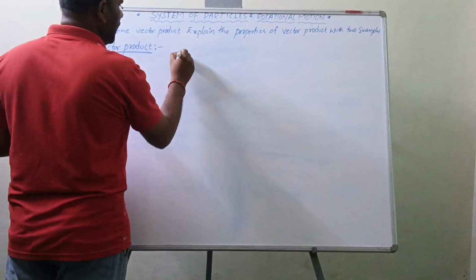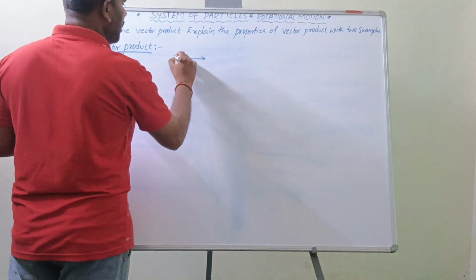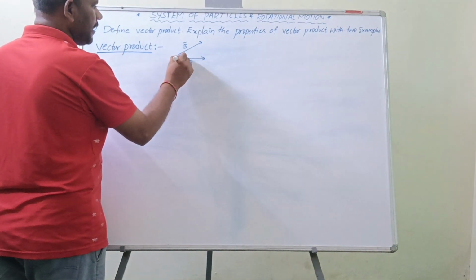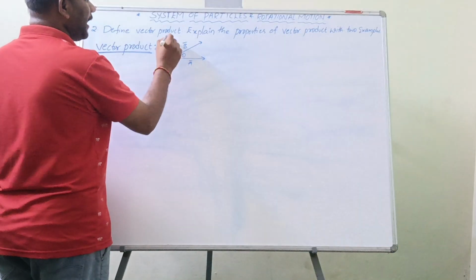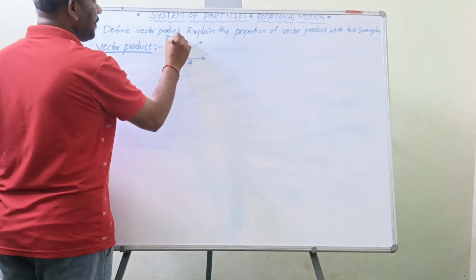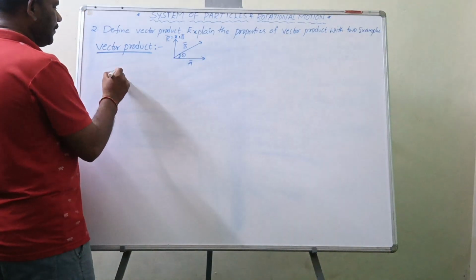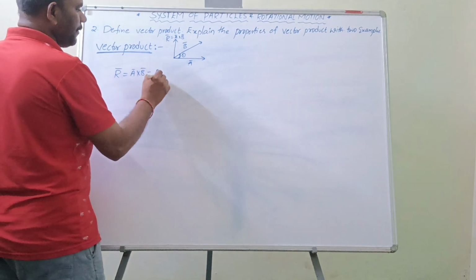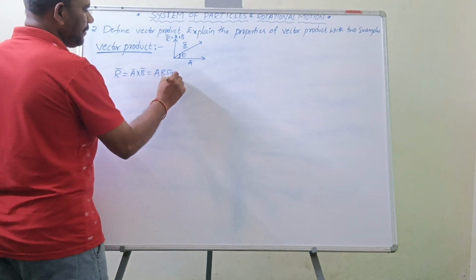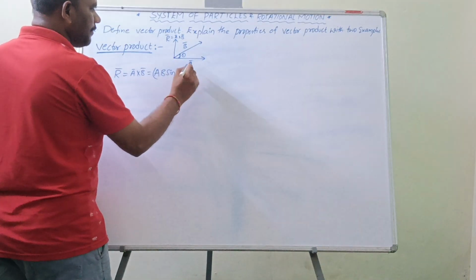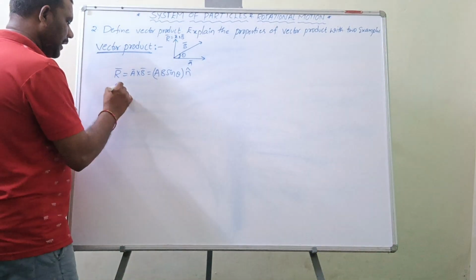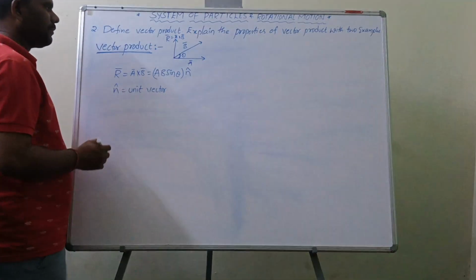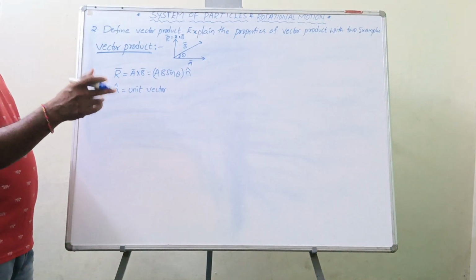Suppose a bar and b bar are two vectors with an angle theta, then the resultant r bar is equal to a bar cross b bar, which is equal to ab sin theta n cap, where n cap is called a unit vector.